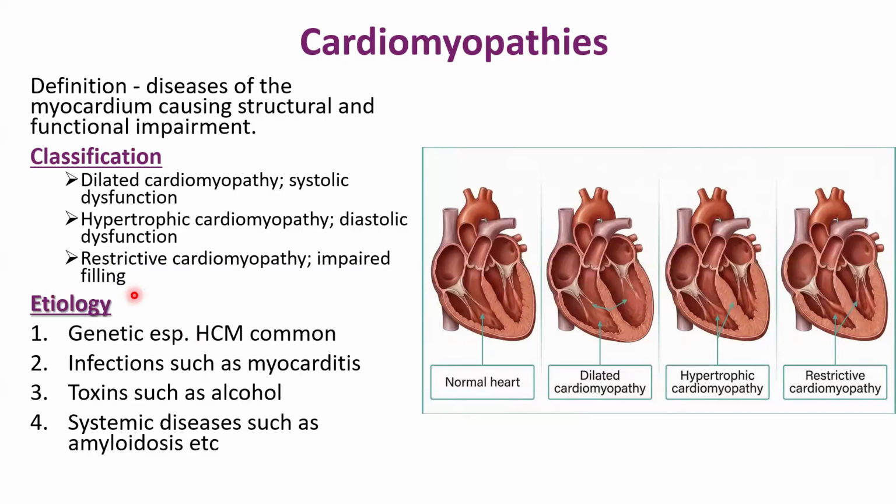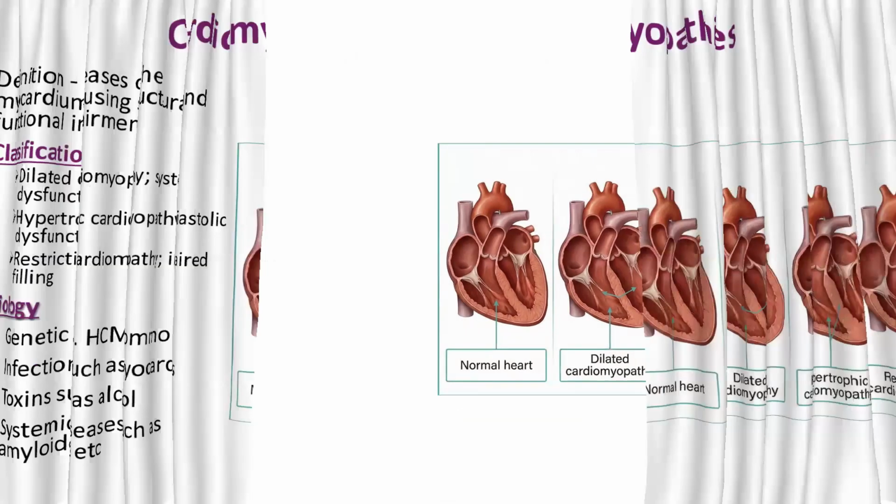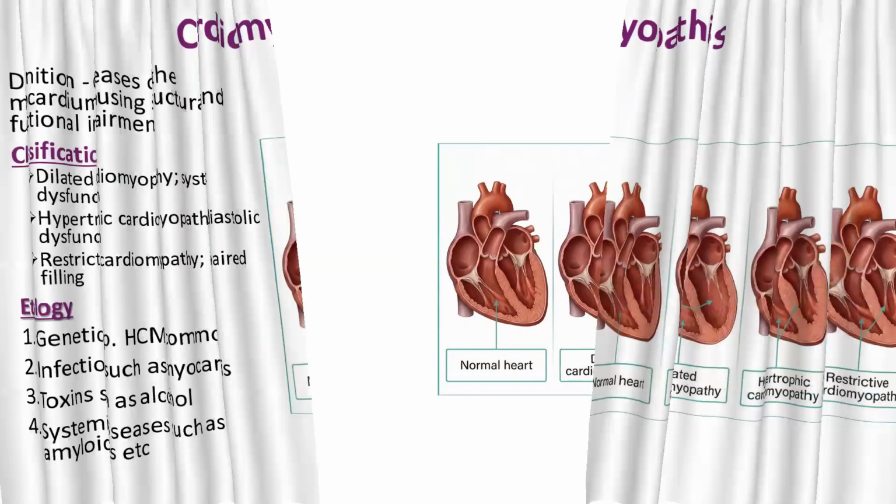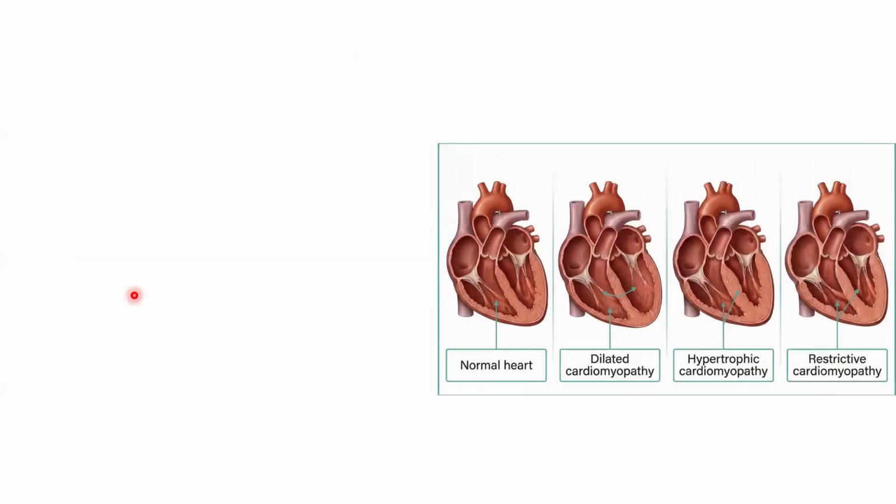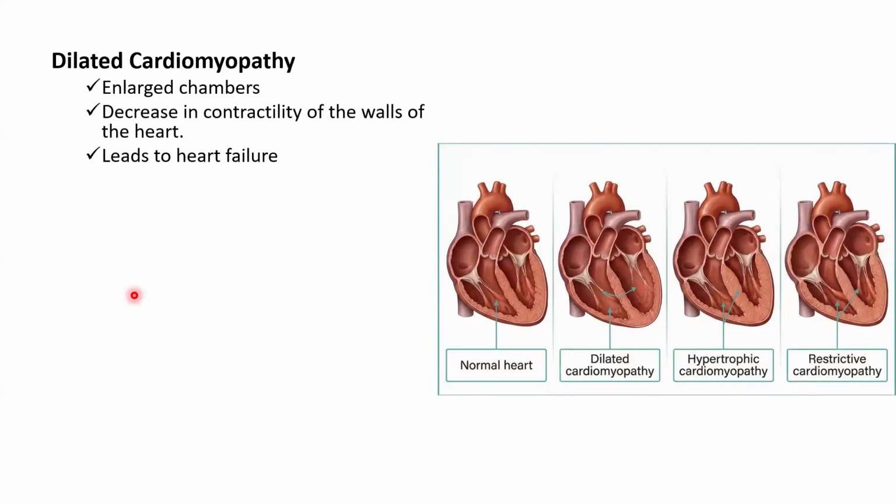I'll be expecting you to give me the definition of what we talked about, their classification into three: dilated, hypertrophic, and restrictive cardiomyopathies. And then I can ask you for the etiology, as we said. A more detailed description: dilated cardiomyopathy means enlarged chambers of the heart, especially the ventricles.